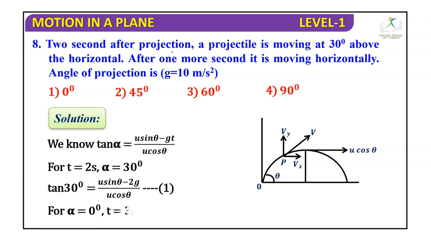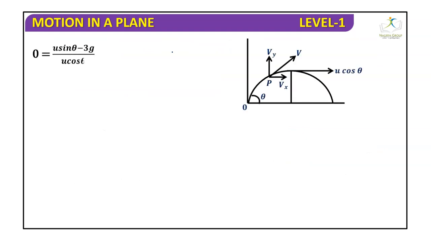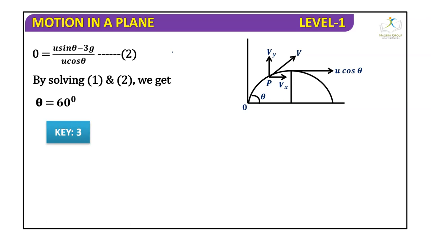Now for alpha equal to 0 degree, t is equal to 3 seconds. So 0 is equal to (u sin theta minus 3g) divided by u cos theta. By solving 1 and 2, we get theta equal to 60 degree, which is option third. I hope you understand.